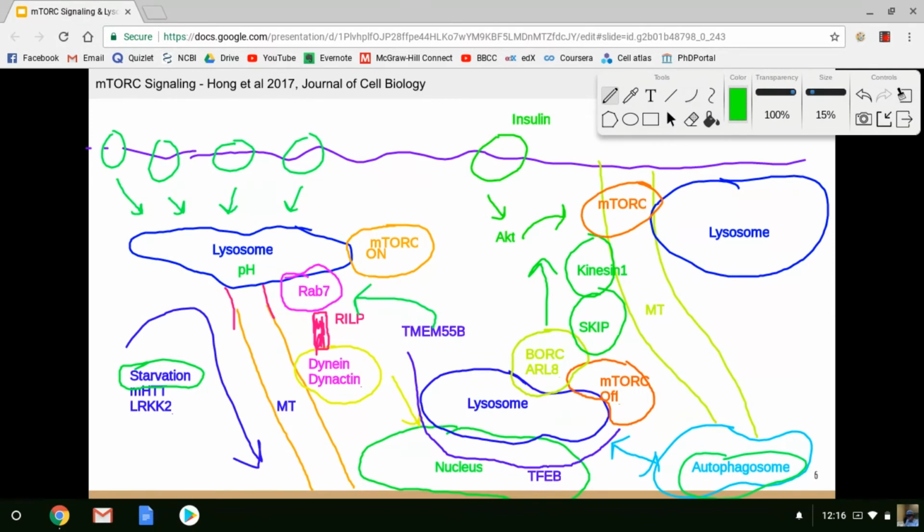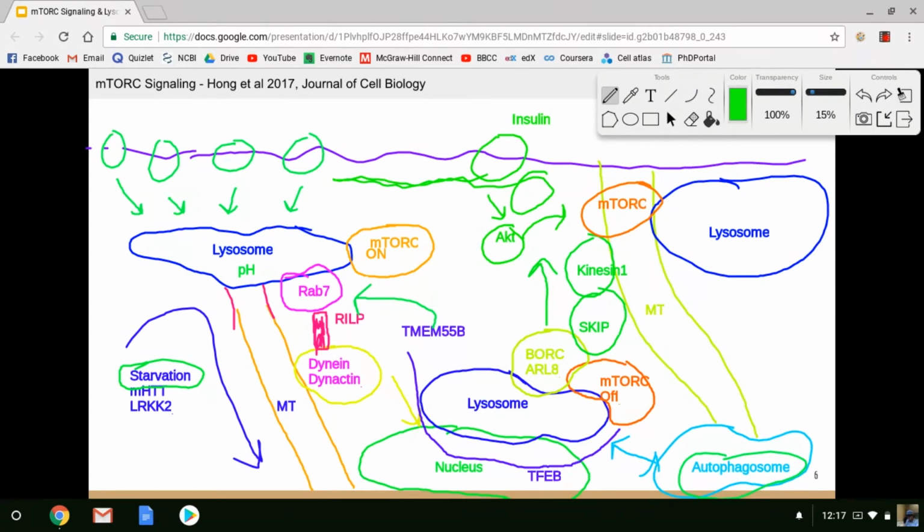So what's important is that AKT is typically most active in the periphery of the cell because that's where the receptors are located. And AKT is activated right next to the membrane. So AKT doesn't diffuse very far. So mTORC and AKT need to be in close proximity in order to interact.